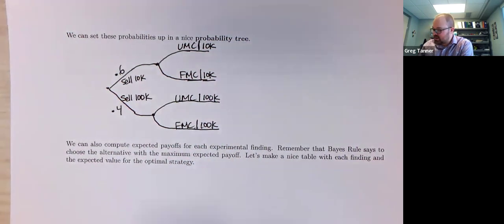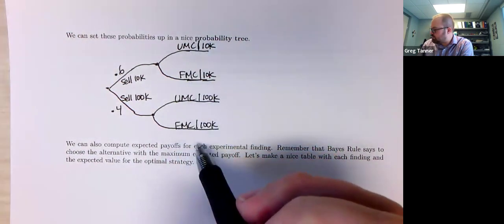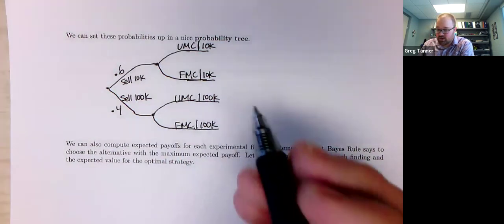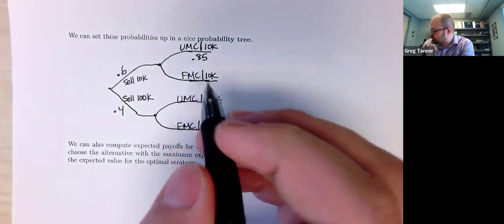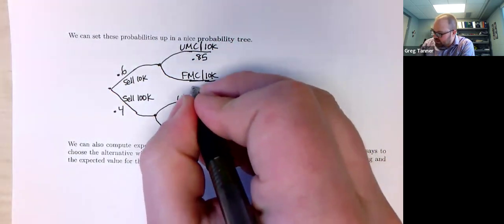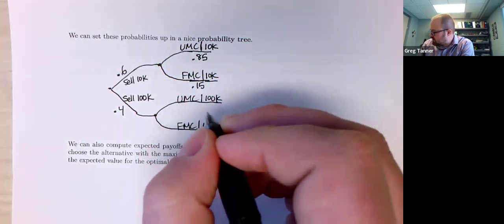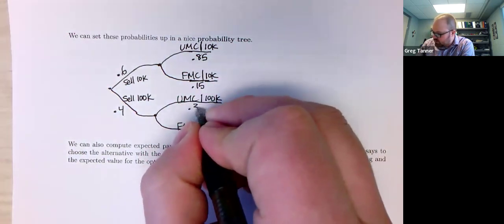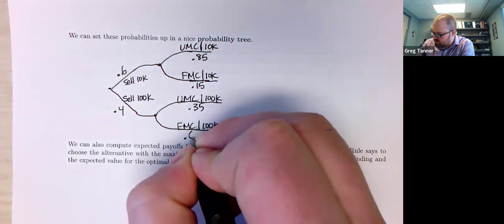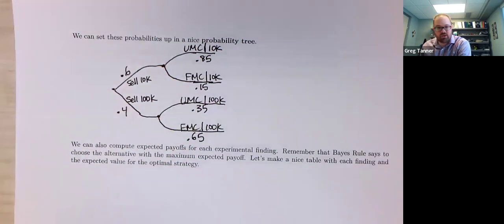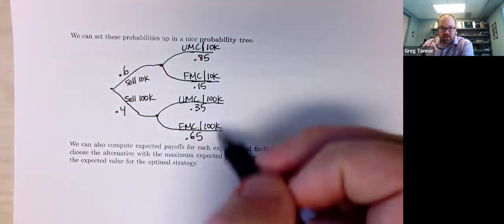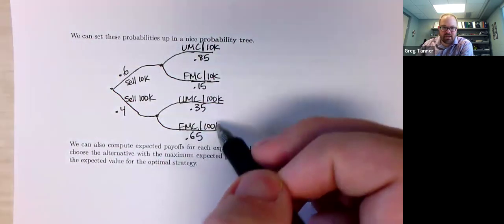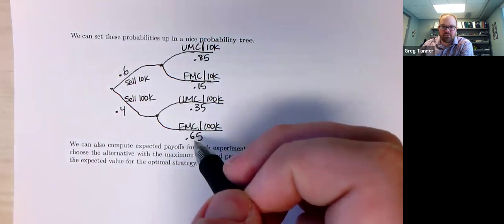Each of these conditional probabilities are those accuracies that we were given at the beginning. So this is 0.85. This one was 0.15. And then we got 0.35 and 0.65. So these are the accuracies for our market research.